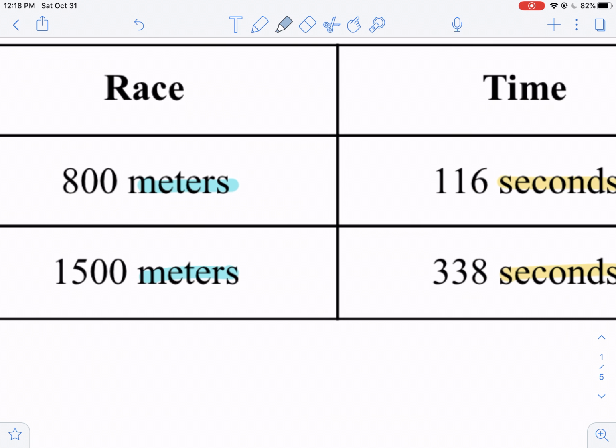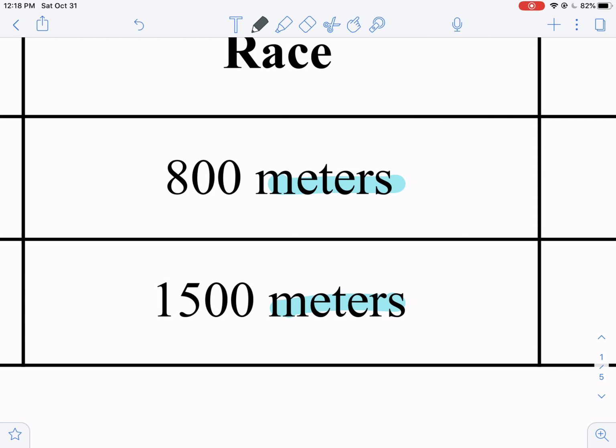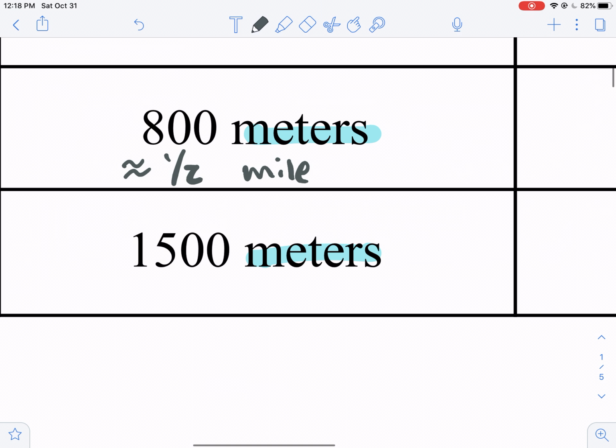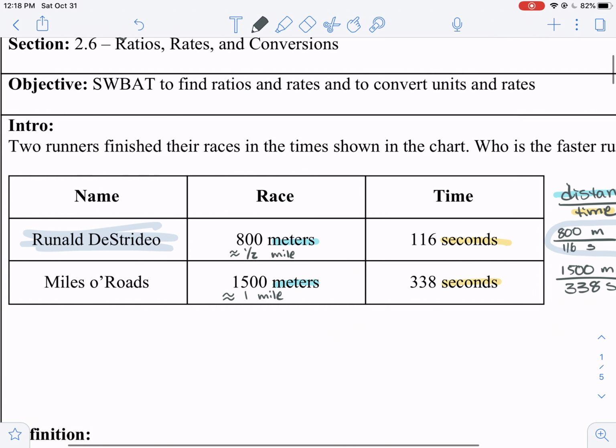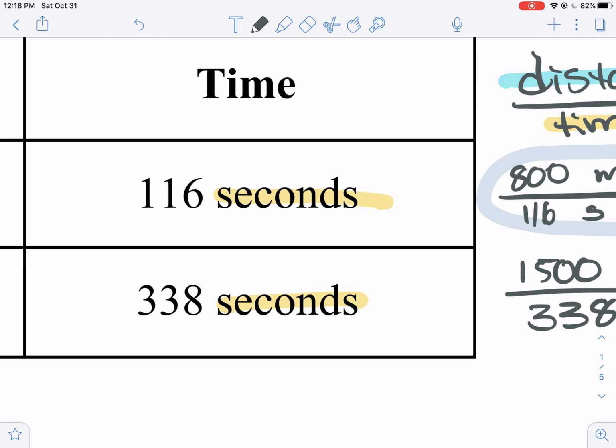In case you're curious, 800 meters is about half a mile. It's 2 laps around a track, so that's about half a mile. And 1,500 is just under 4 laps around the track, so that's about 1 mile. And 116 seconds is a minute 56 seconds, so just under 2 minutes, and 338 is 3 minutes 38 seconds.